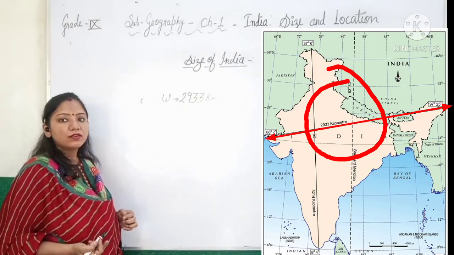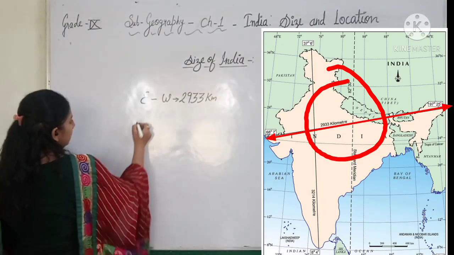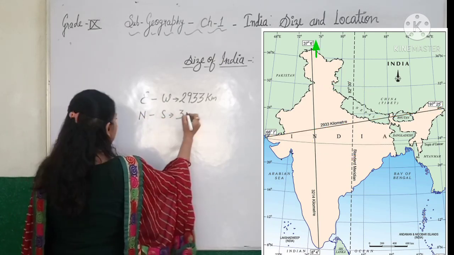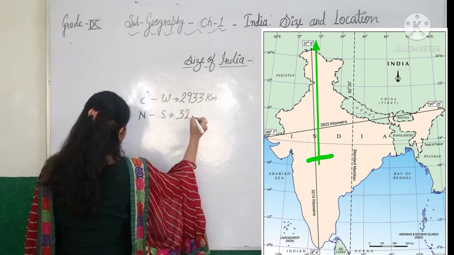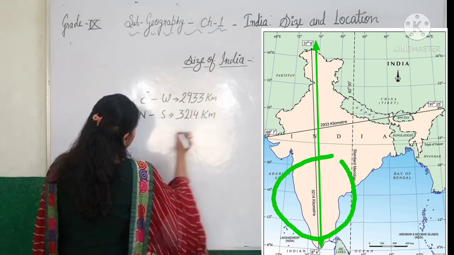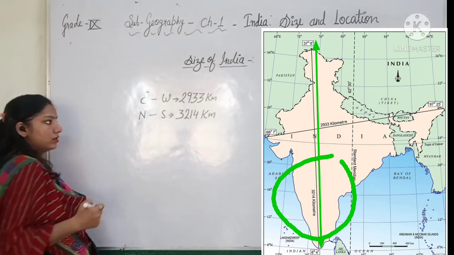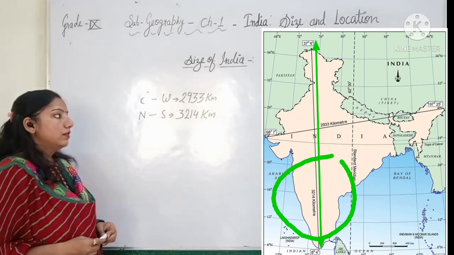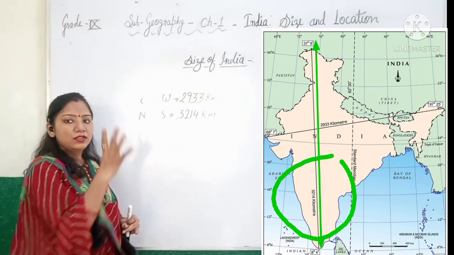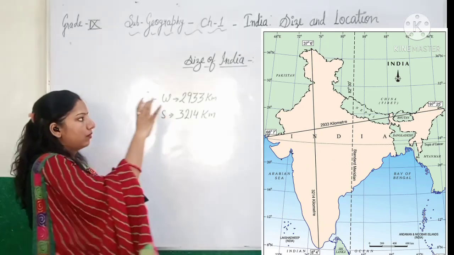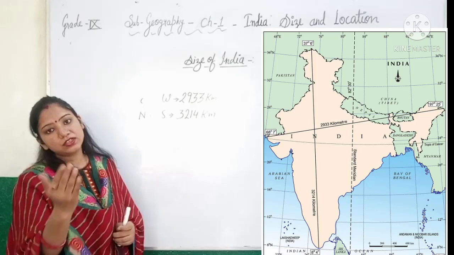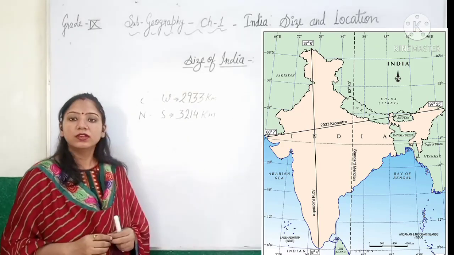And from north to south, it is around 3,240 kilometers. The extent is around 30 degrees from north to south, and from east to west it is also around 30 degrees.